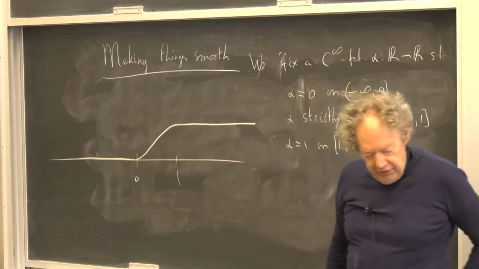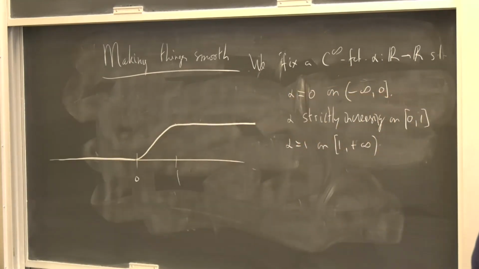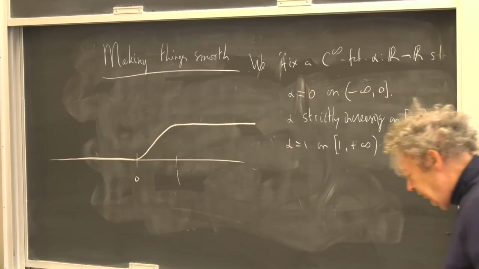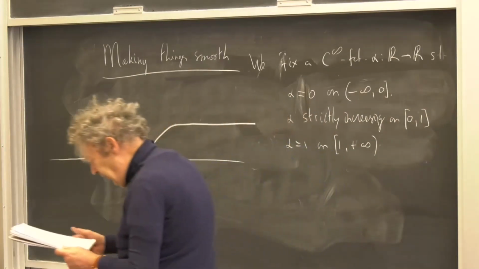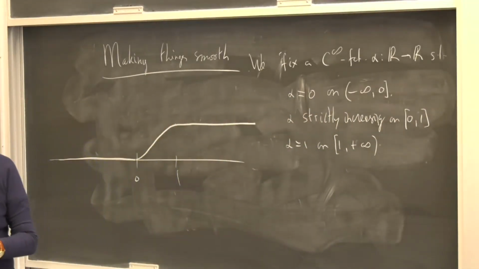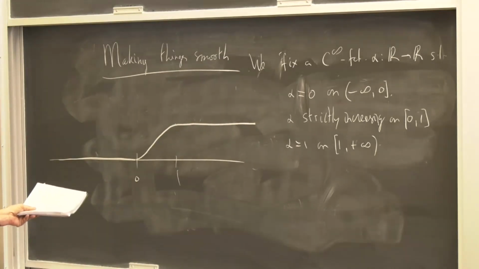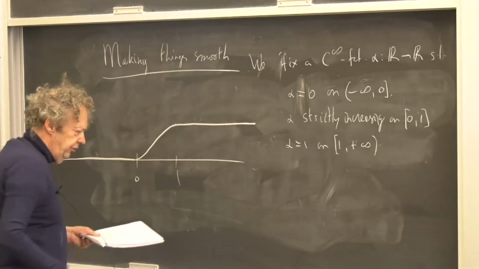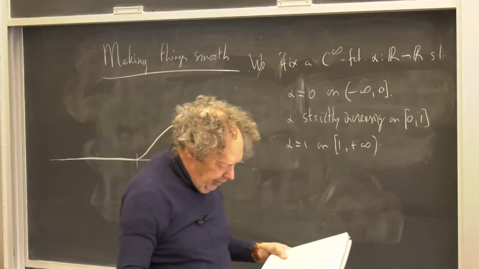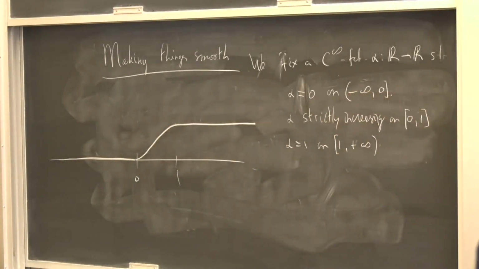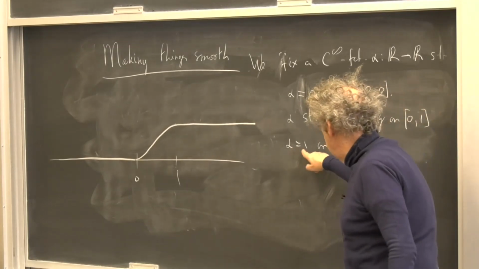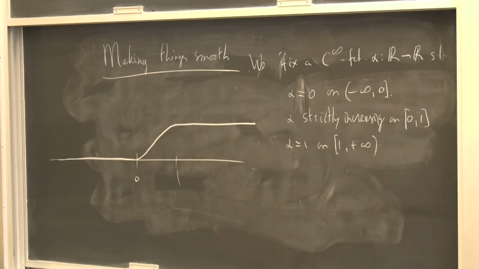Such functions are well known, but we are going to use a variant of that, where instead of 0 and 1, you have any numbers a and b. We obtain this from alpha by just some kind of affine change of variables.